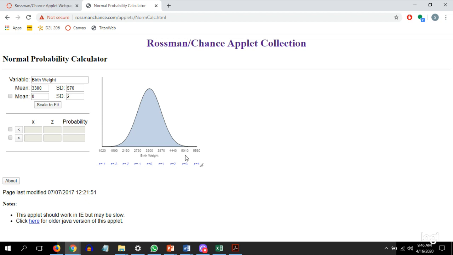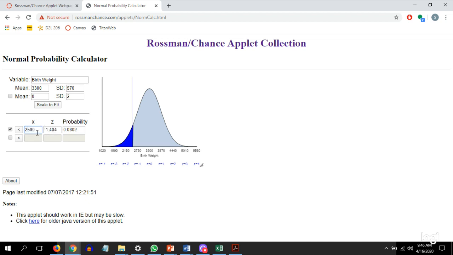And now I can just ask it the question I'm interested in: how likely is it to have an x value, a birth weight, less than 2,500.